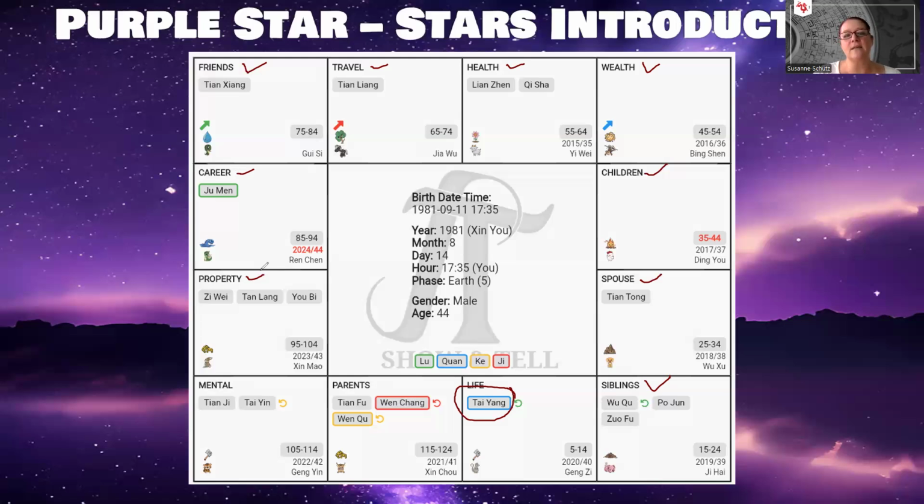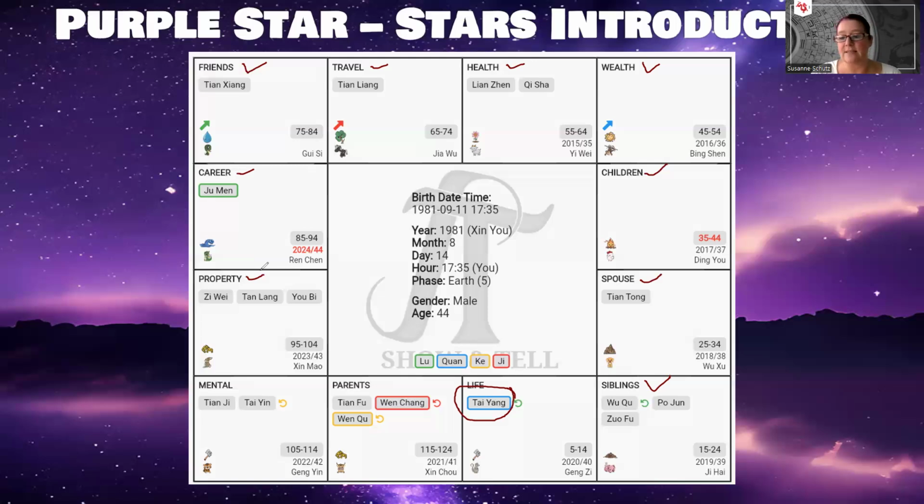So if you have the Taiyang star in the property palace, it tends to indicate that the males in the family have a much stronger presence and a much stronger influence on family activities, the direction and the dynamics of the family. Again, it doesn't have to be a bad thing at all, but everybody just tends to lean on the males in the family whenever they need anything, whenever any decision needs to be taken.